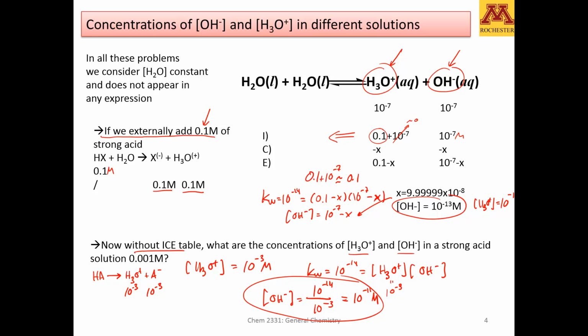Notice that from here, this is 10 to the negative 3, therefore this is 10 to the negative 11. Notice that the exponents, in this case, always add up to the constant of the autoionization of water. In the next video, we'll do the same for a base, and hopefully everything will make more sense.